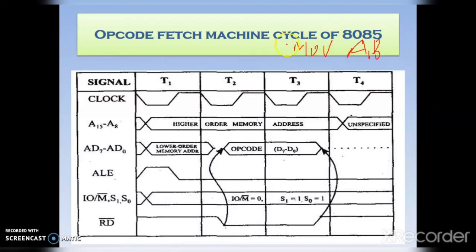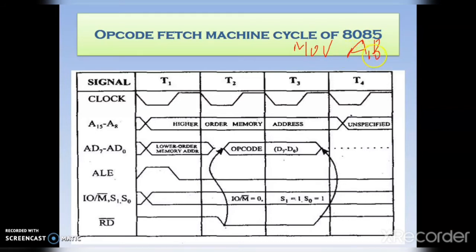Here MOV is the short form of move, which is the mnemonic. MOV is used to transfer data from one location to another. This particular instruction transfers the data from the B register to the A register.